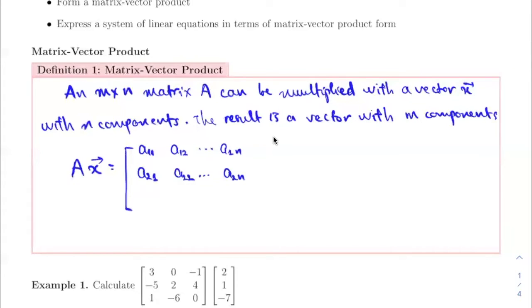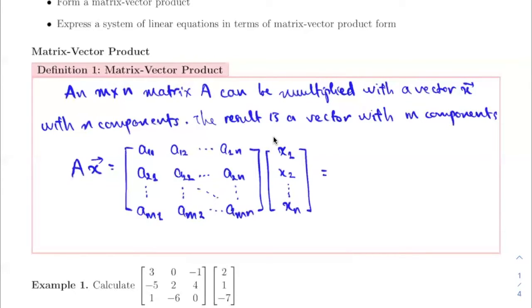Then you go down to the last row, which is the M-th row: AM1, AM2, up to AMN. And then you multiply with the vector X with N components: X1, X2, up to Xn.